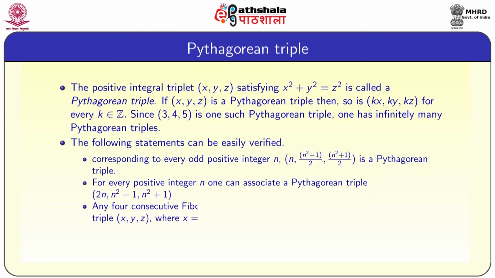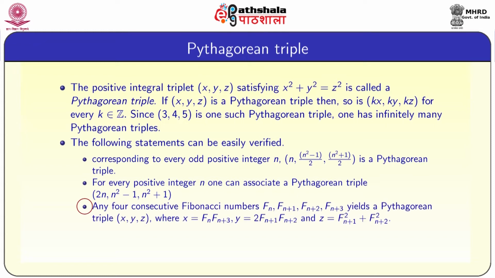And any 4 consecutive Fibonacci numbers fn, fn plus 1, fn plus 2, fn plus 3 give a Pythagorean triple. Here Fibonacci numbers mean f0 equal to 1 and f1 equal to 1, and recursively the other values are defined as fn equal to fn minus 1 plus fn minus 2.